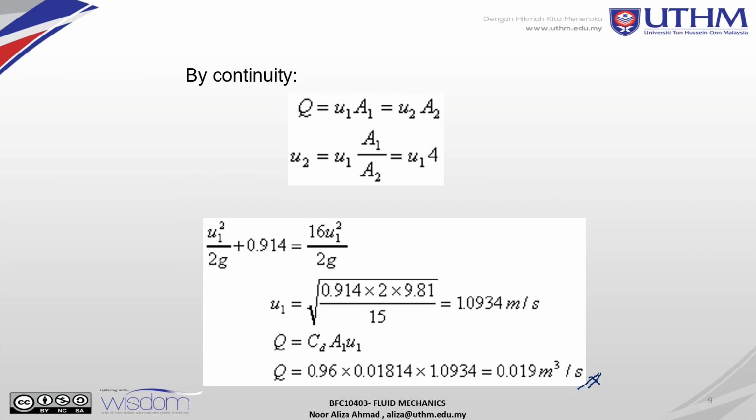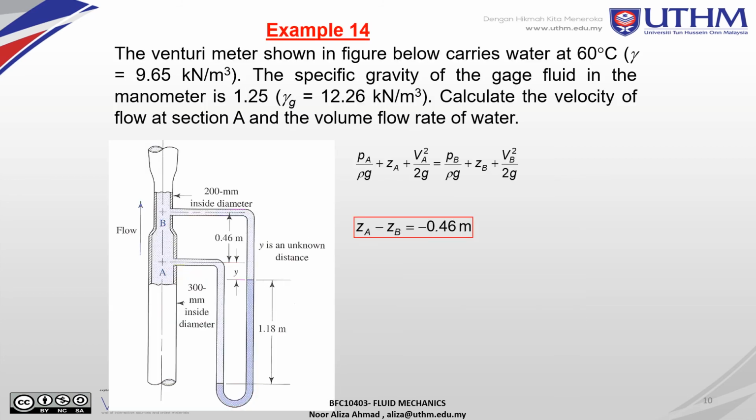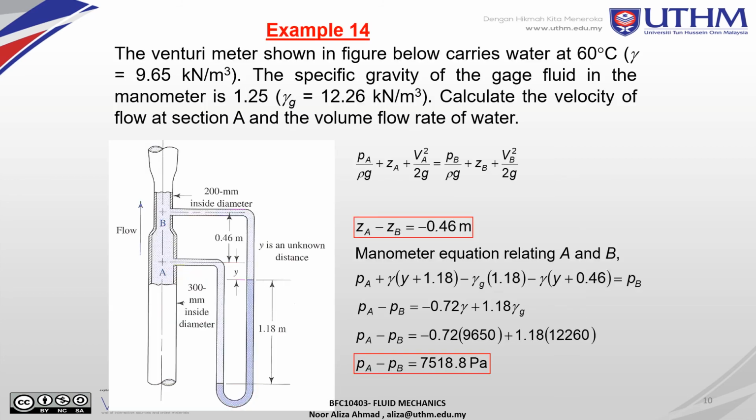At this stage, if you don't understand, you can ask in the group. Using the Bernoulli equation, ZA minus ZB, this is A and B, the flow is upward here, so ZA minus ZB is negative 0.46 meter.